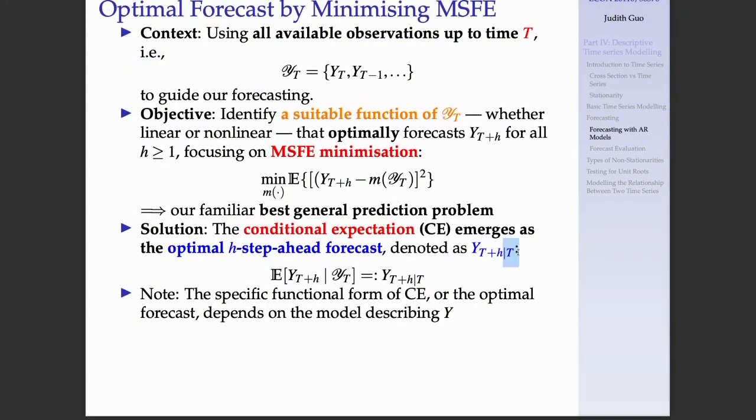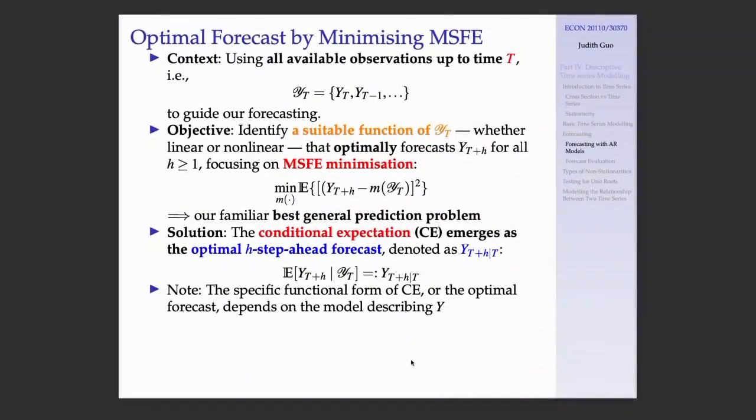The bar and the T indicate that it's the optimal H step ahead forecast using history up to time capital T. Whenever you see this notation, that is just a conditional expectation of the future given the past. We use this notation to denote this conditional expectation more compactly. Okay? And this is something you should remember. If you're interested in why the conditional expectation emerges as the solution to this problem, you should check back.